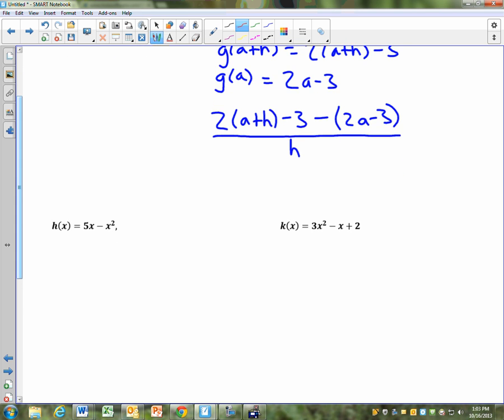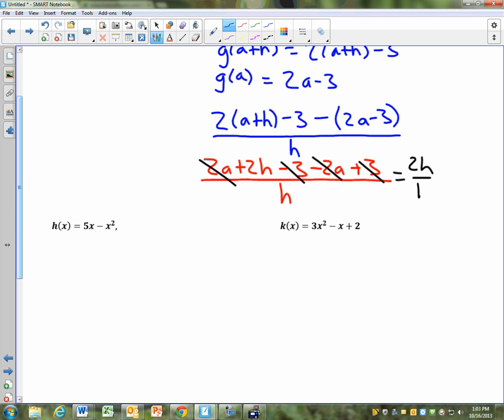Simplify. 2A plus 2H minus 3. Now what? Minus 2A. No, just plus 3, divided by H. What cancels? The 2A's, the 3's, everything that doesn't have an H. You're left with 2H over H, which is dos.